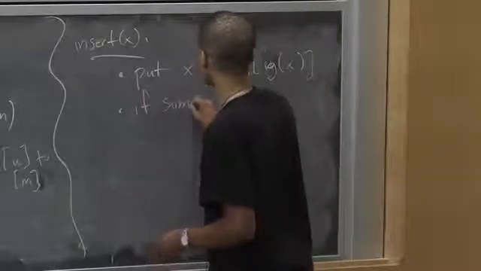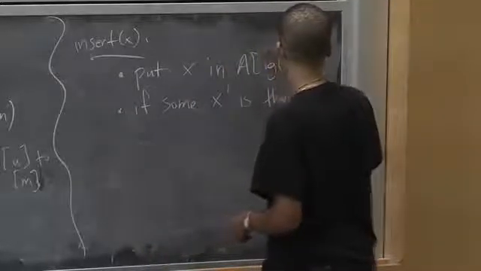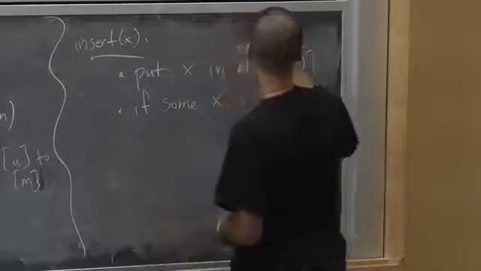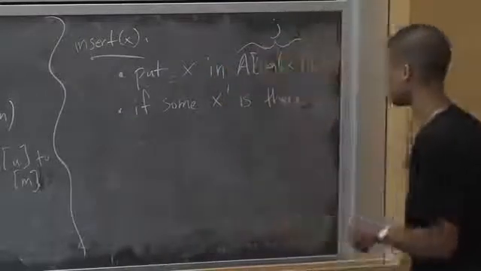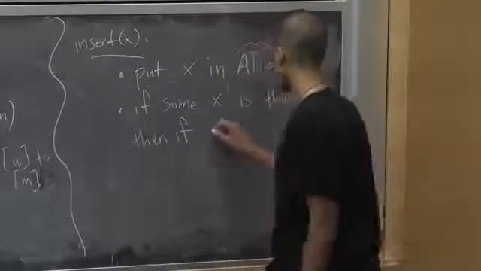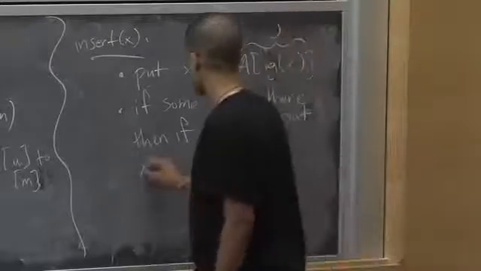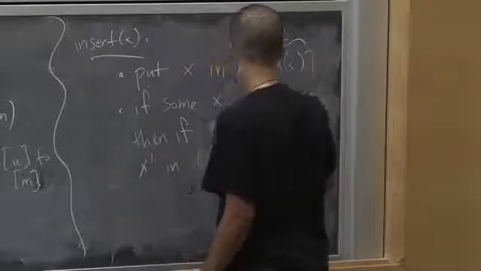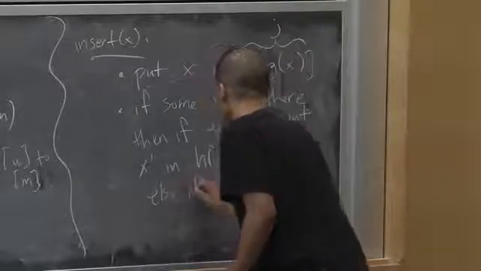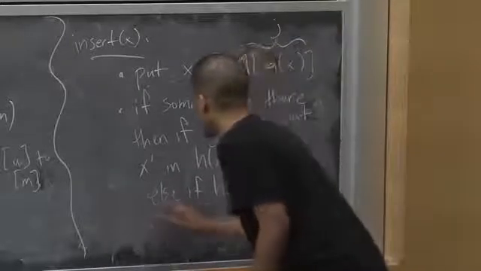If some x prime is there, let me call this location j. Then if g of x prime is j, put x prime in h of x prime. Otherwise, if h of x prime was j, put x prime in g of x prime.